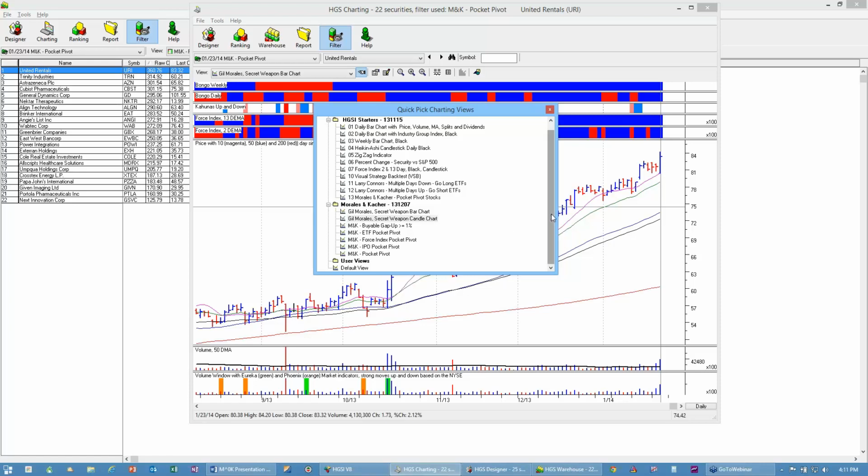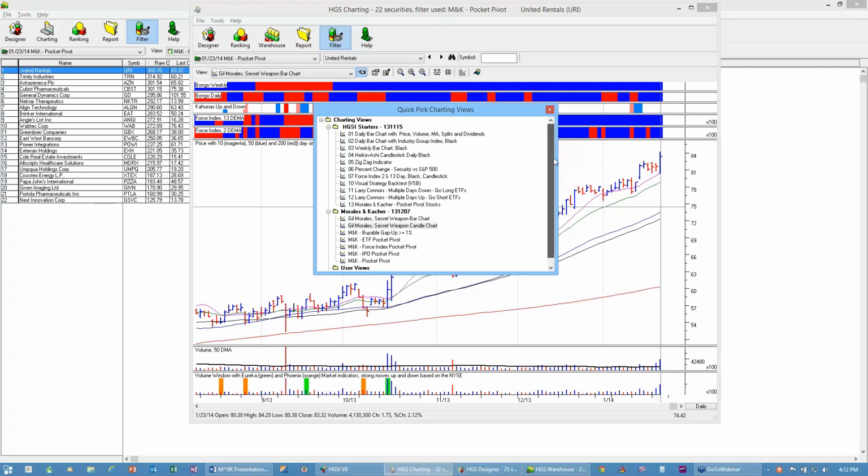So you have a bunch of weapons here. Obviously, most of these are all bullish or long views, but we do have the ETF pocket pivots, which will find the inverse ETFs, which you can trade against the market or with the market if it's going down. So you have a lot of options in here.